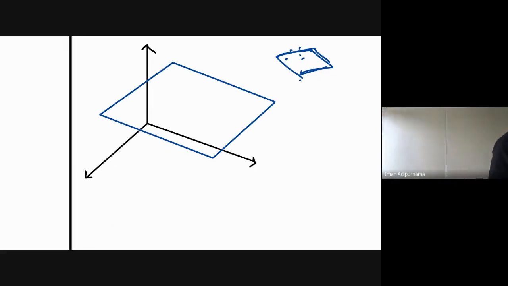And let me use a different color. From the origin, it's above this xy plane.